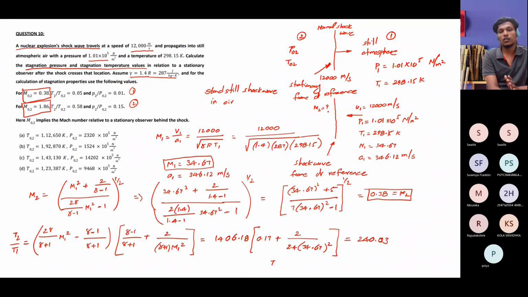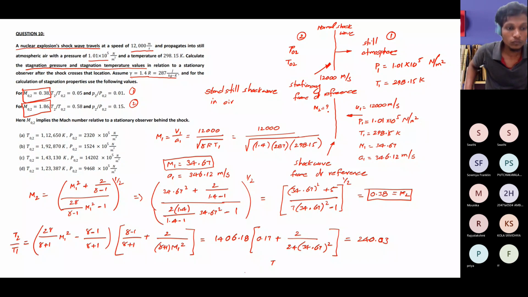We can see the Mach number is so high and the temperature is around 298.15 ahead of the shock wave. The moment it crosses the shock wave, the temperature changes by around 240.03 times. That is very huge. It is not even an addition to the temperature, it is a multiplication, the times of change in temperature.